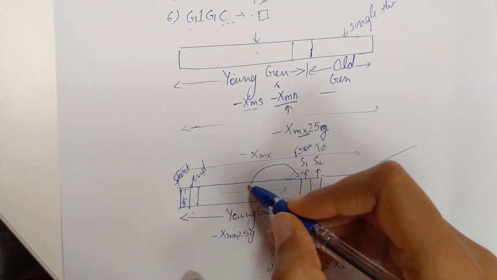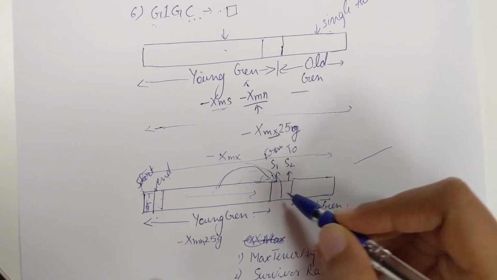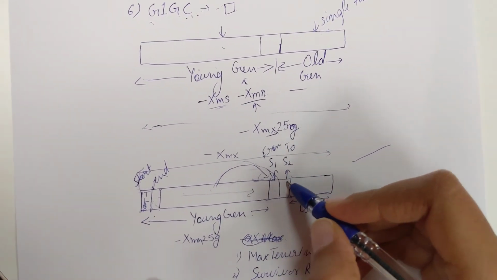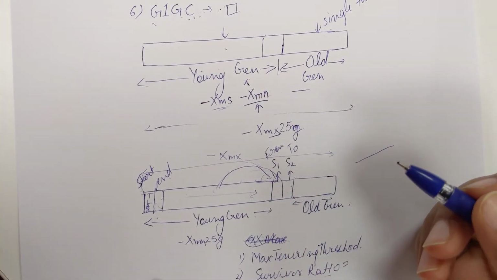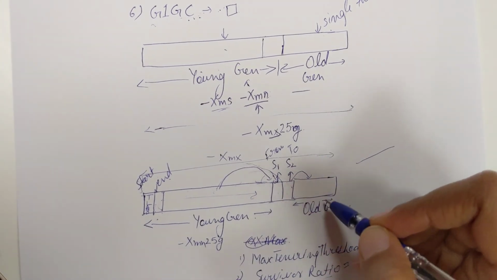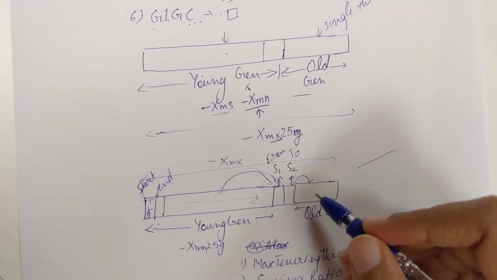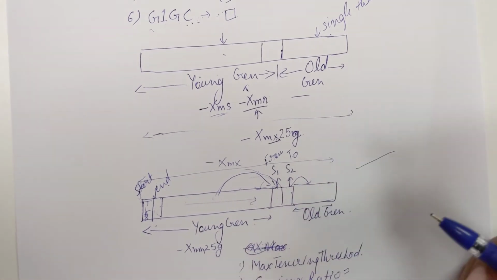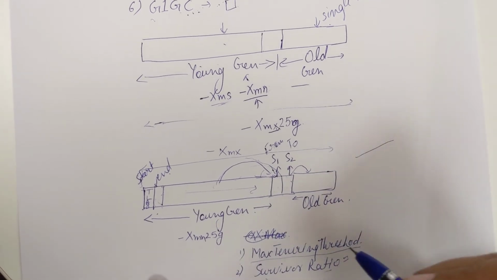First the allocation happens in the from space, and after some intervals the objects are going to switch between them, and then finally they go to the old generation. How many objects survive and remain in the old generation is decided by the maximum tenuring threshold.